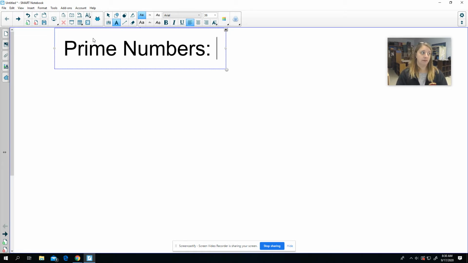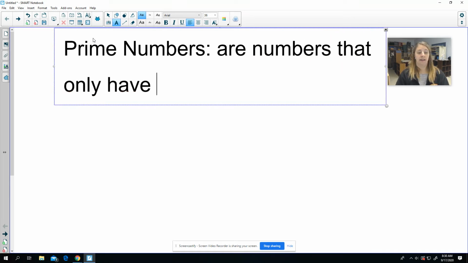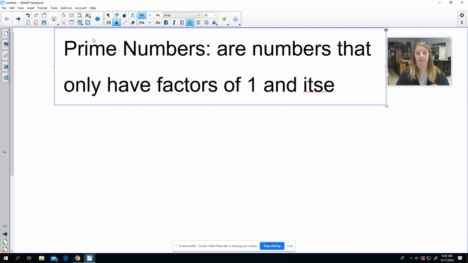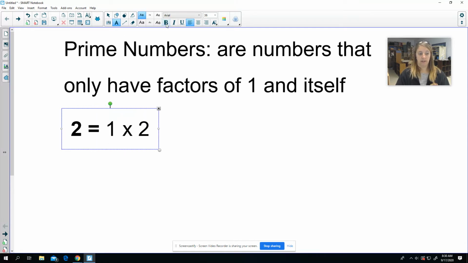So prime numbers are numbers that only have factors of 1 and itself. Okay? So when we look at prime numbers, for example, if we have the number 2, 2 only has factors of 1 times 2.